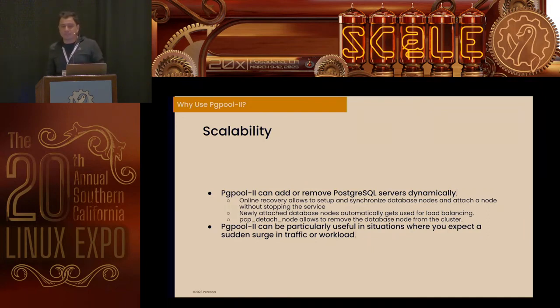Just before you anticipate the spike in the workload, you can spin up a new standby using online recovery, and that will be used for load balancing. When the spike goes down, you can just detach that, or unprovision that particular standby. So you can implement a scalable solution using Pgpool.